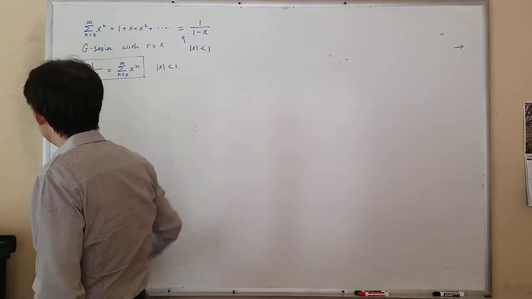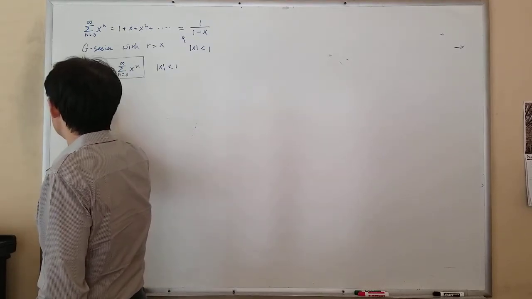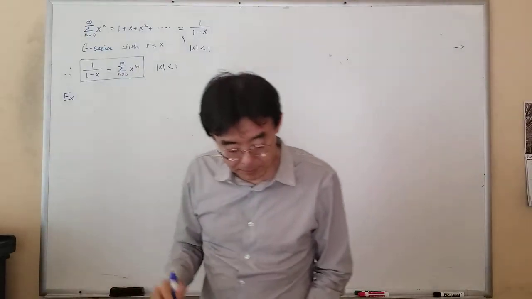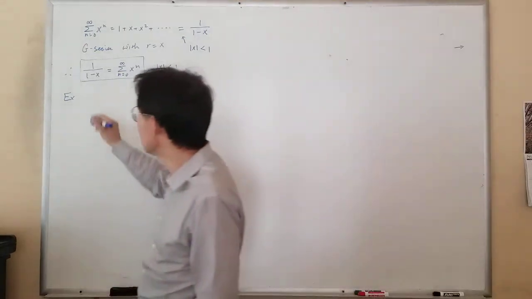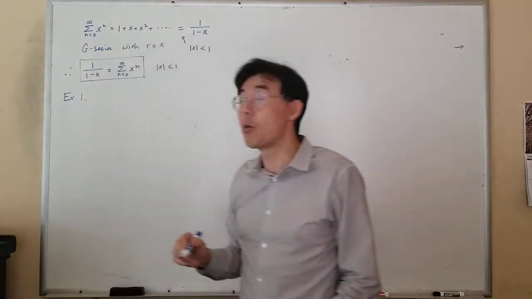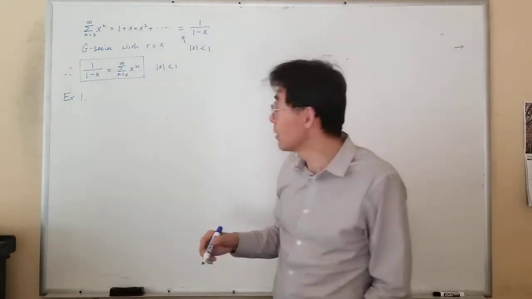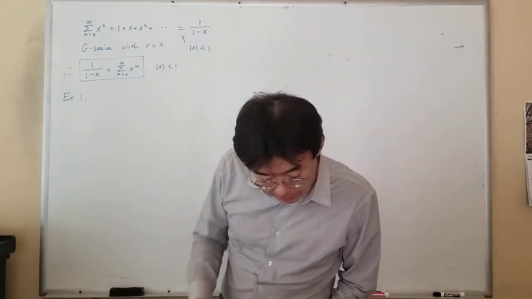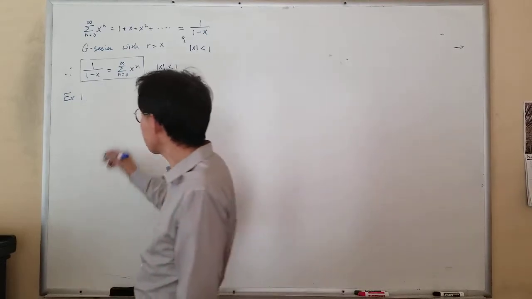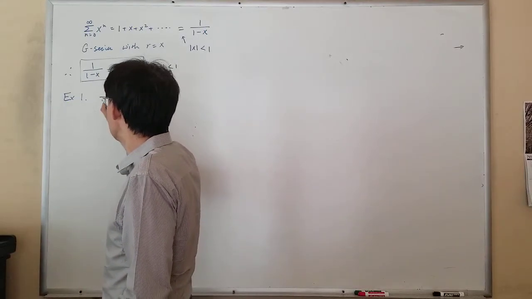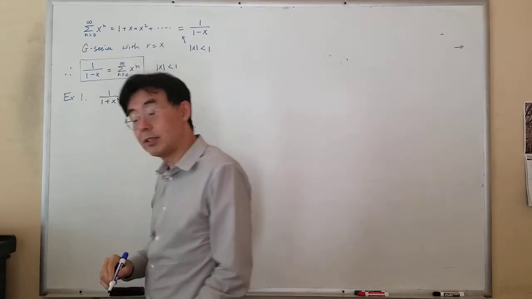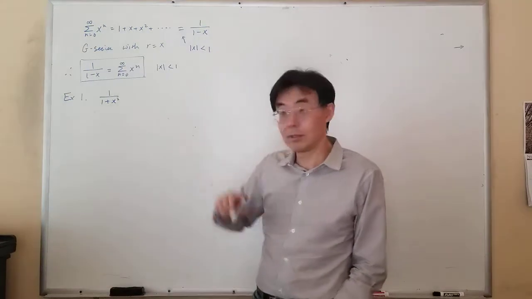Then we want to extend this technique to a slightly broader class of rational functions. For example, in this example 1, can we find the power series representation of this rational function?